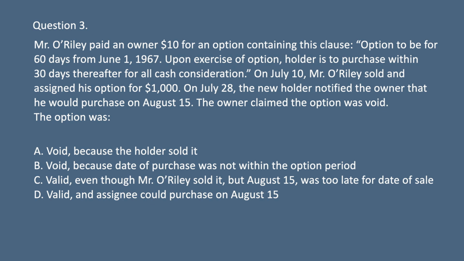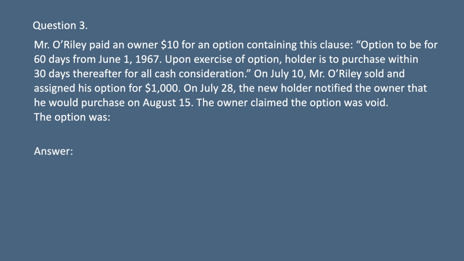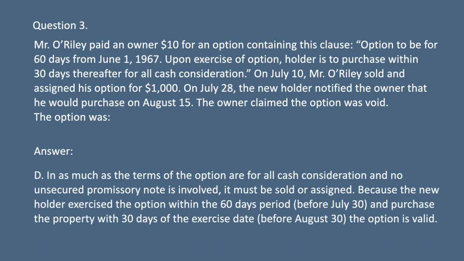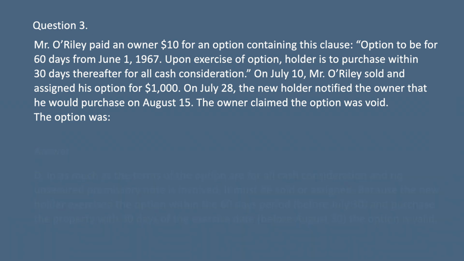Answer D. Inasmuch as the terms of the option are for all cash consideration and no unsecured promissory note is involved, it may be sold or assigned. Because the new holder exercised the option within the 60 day period, before July 30th, and purchased the property within 30 days of the exercise date, before August 30th, the option is valid.